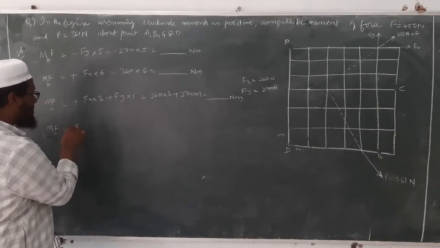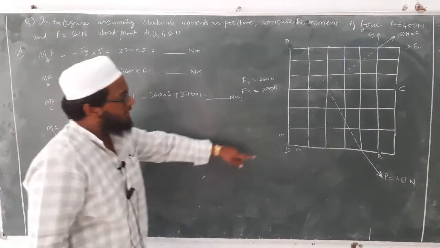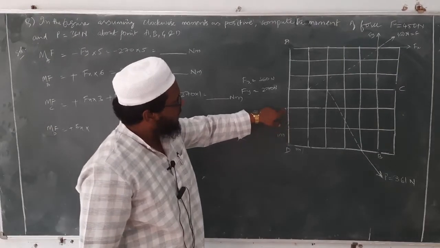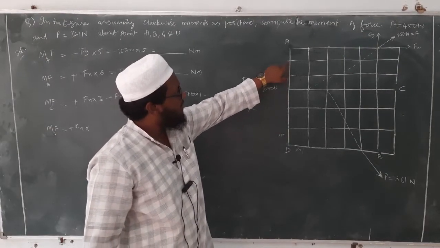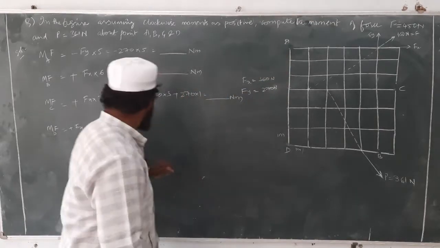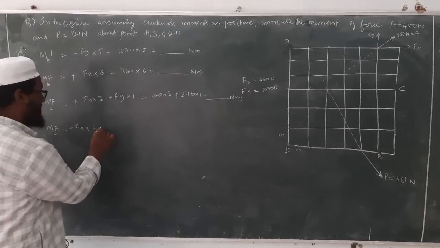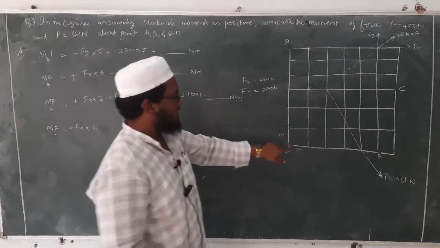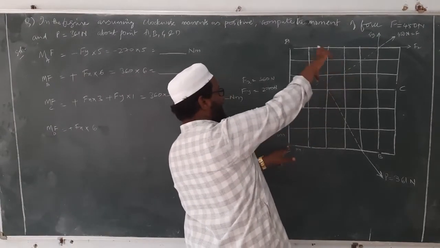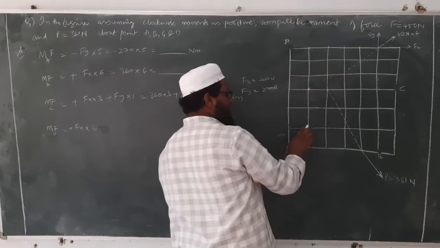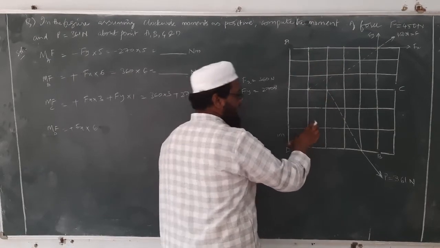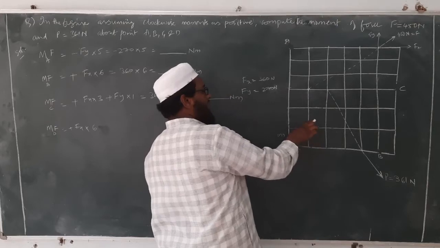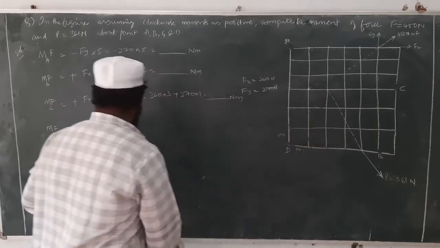So plus Fx into perpendicular distance, which is 1, 2, 3, 4, 5, 6. Fx into 6. Then again, see the force Fy, my hand will try to rotate in anti-clockwise direction.